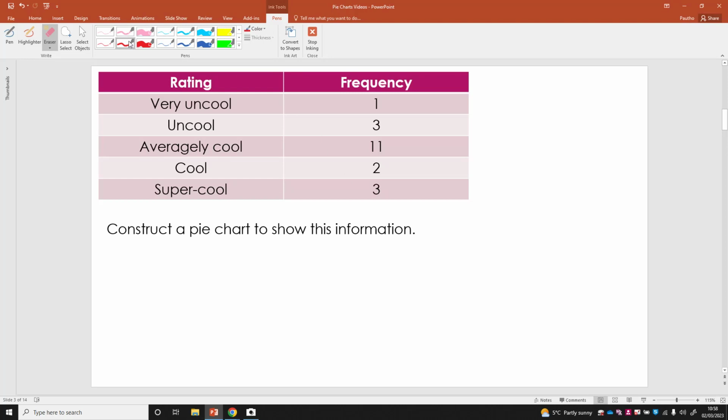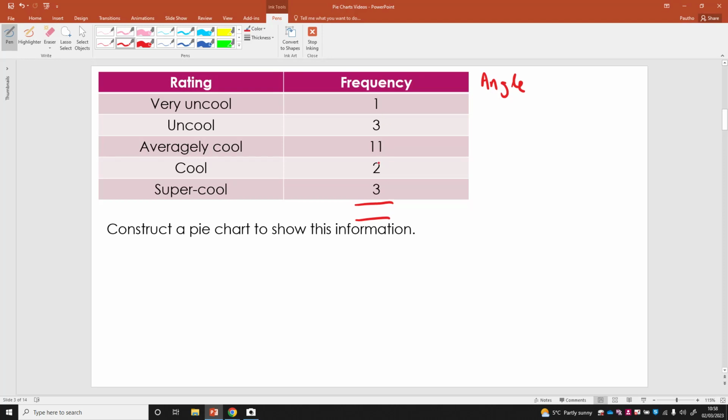When you draw a pie chart, you need to know how big each section is going to be, so you need to know how big the angle for each sector is going to be. So I'm going to add a column to the table called angle. As with any table like this, first find the total frequency.